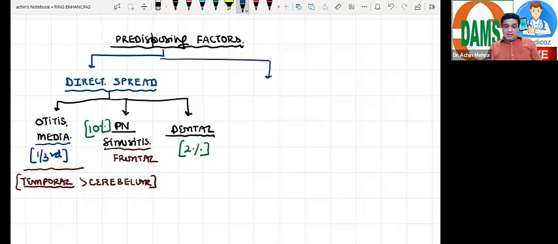Second, a distant spread. That is a hematogenous spread.